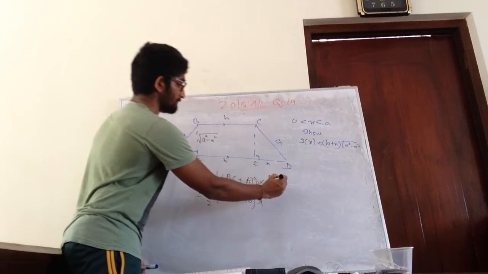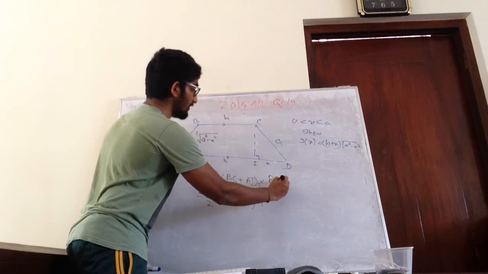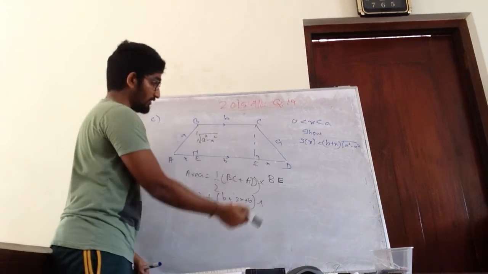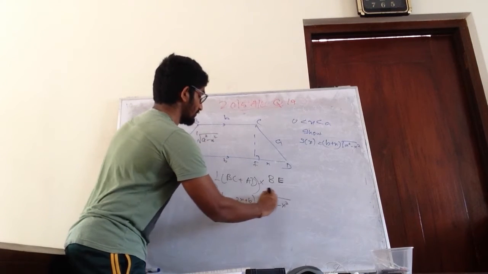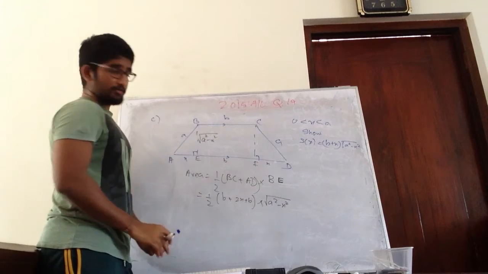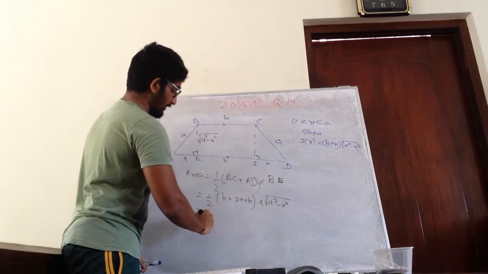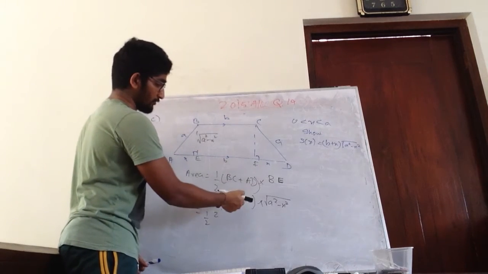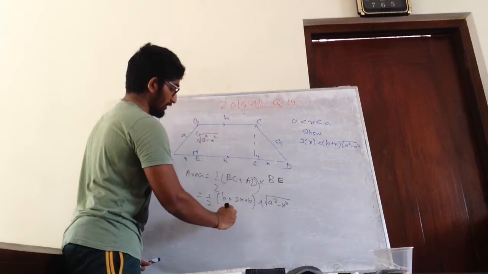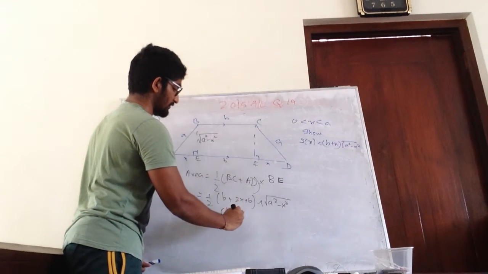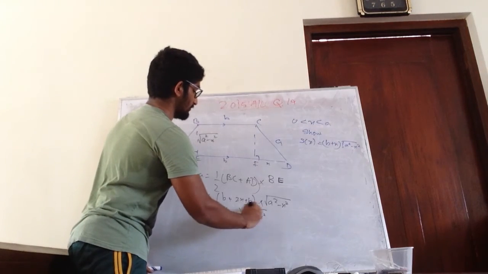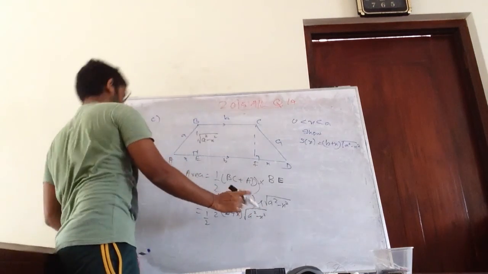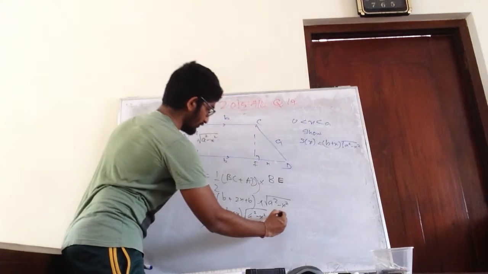What is BE? BE is the square root of a squared minus x squared. So there's half, and 2x plus 2b gives b plus x, times the square root of a squared minus x squared. You can cut these 2 off, then you will get the answer.